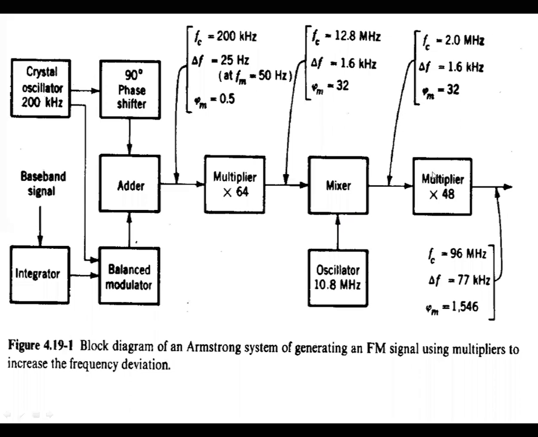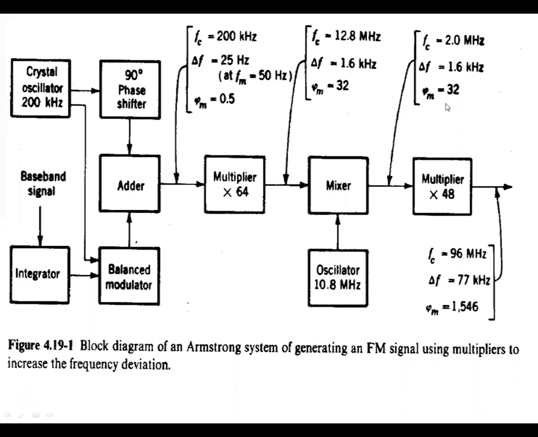Now the multiplier multiplies all these factors. What are all these factors? FC is 2 MHz, del F is 1.6 kHz, phi m is 32. Now multiplied with 48: 48 into 2 is 96 MHz, and 1.6 into 48 is about 77 kHz.